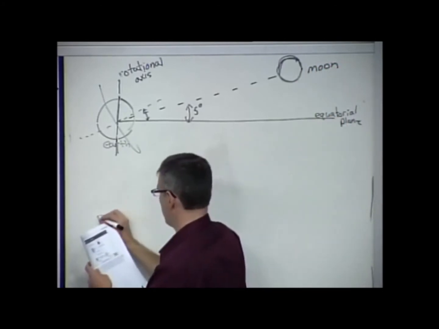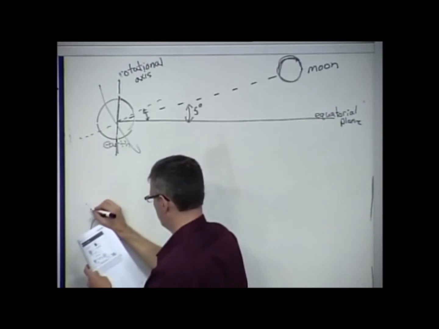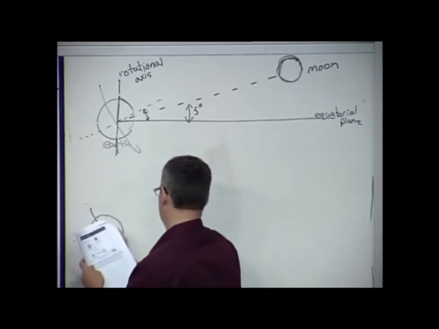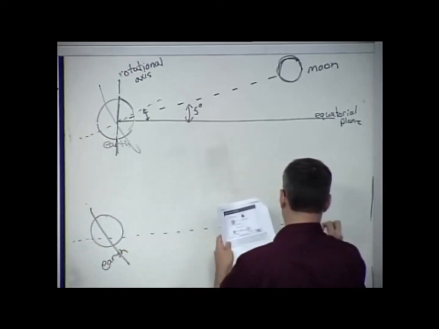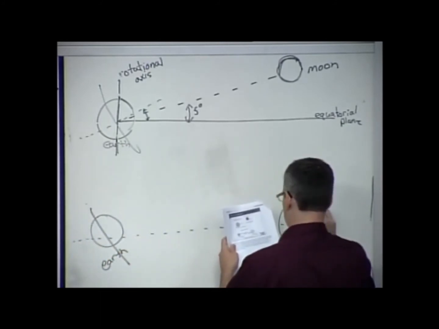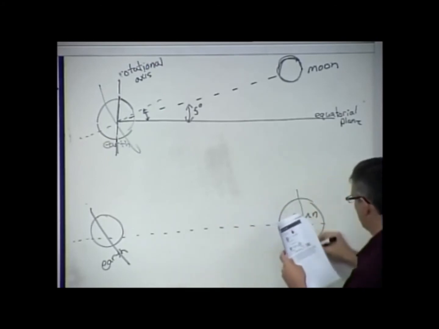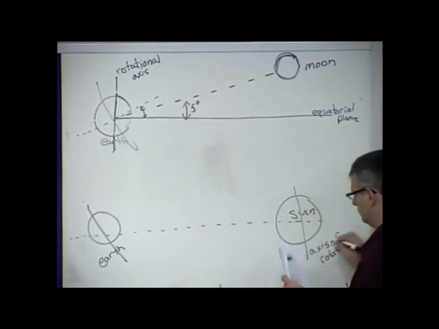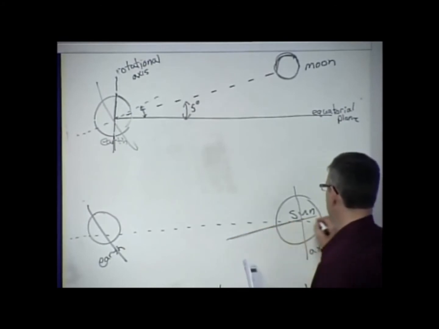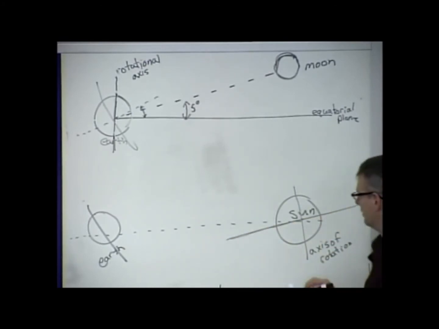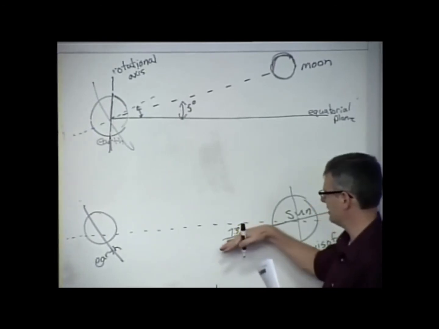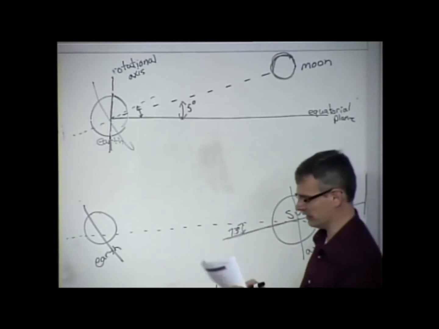And so then if you go down and look at the Earth-Sun system, of course the sun actually has an axis of rotation. And it's roughly lined up with the plane of the solar system, but the Earth is actually 7.3 degrees inclined from the sun in its orbits.